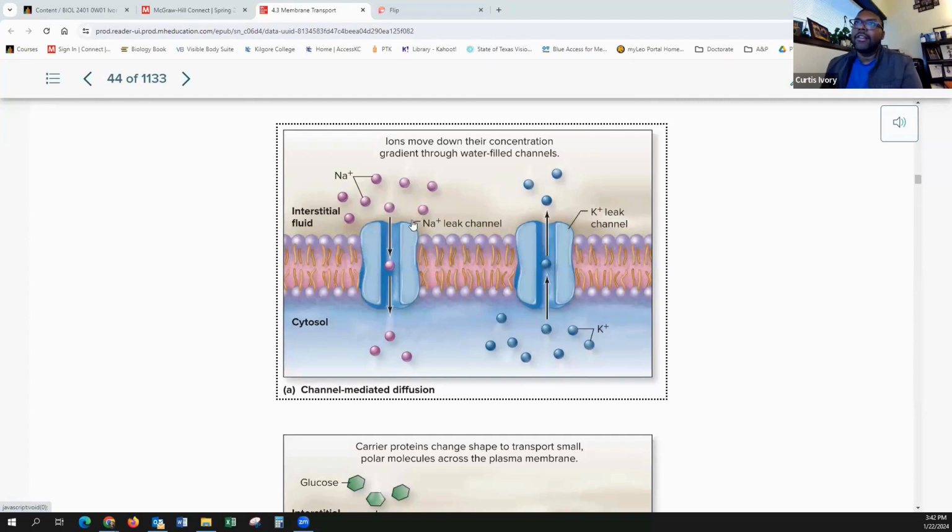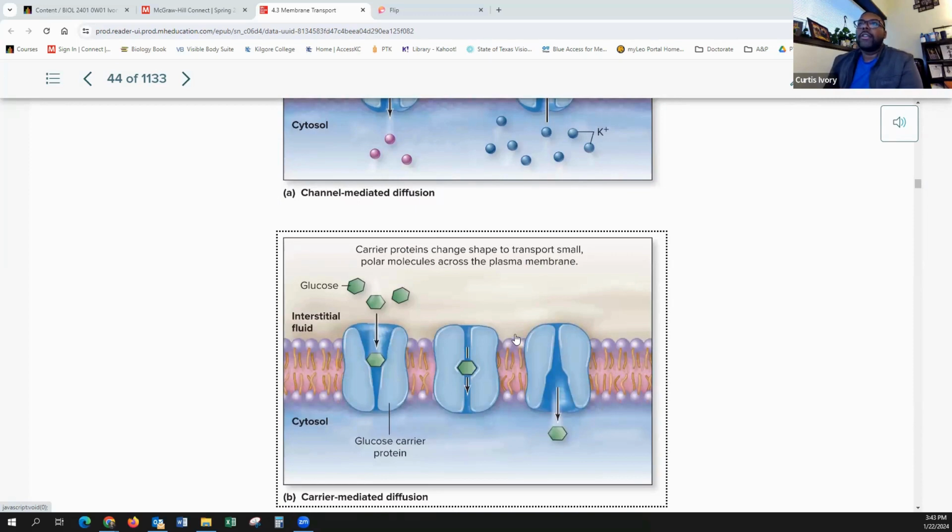They have a higher level here and a lower level here, so things will go from high to low. Think about it like a ball rolling down a hill. A ball at the top of the hill is going to roll down to the bottom. Same thing here.